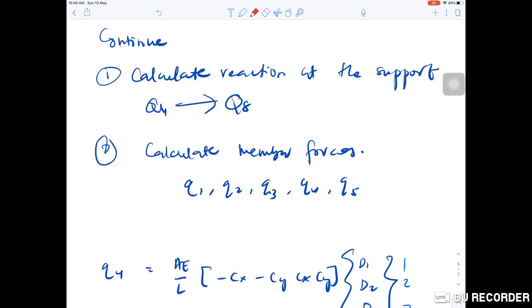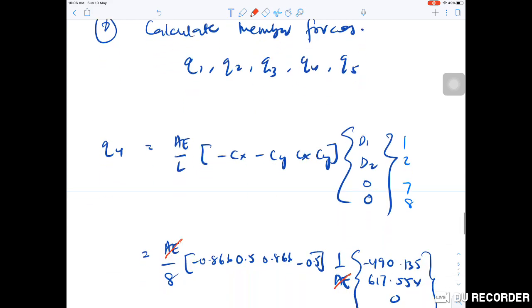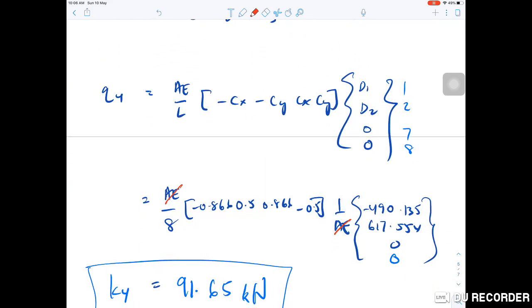So we use small letter q to represent the member force. We cannot use capital here because capital is for the reaction at the support. So q1, q2, q3, q4, q5, q6, and here I have shown you an example of how we calculate the member forces using the formula.